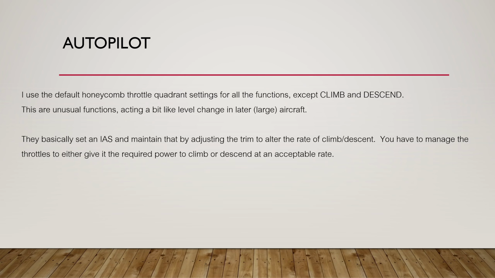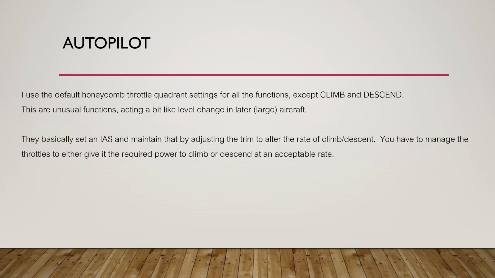So if you're already trimmed for level flight and then you want to climb, you press the climb button, it actually won't climb. Well, what it will do is it will automatically reduce the airspeed so that it can climb.